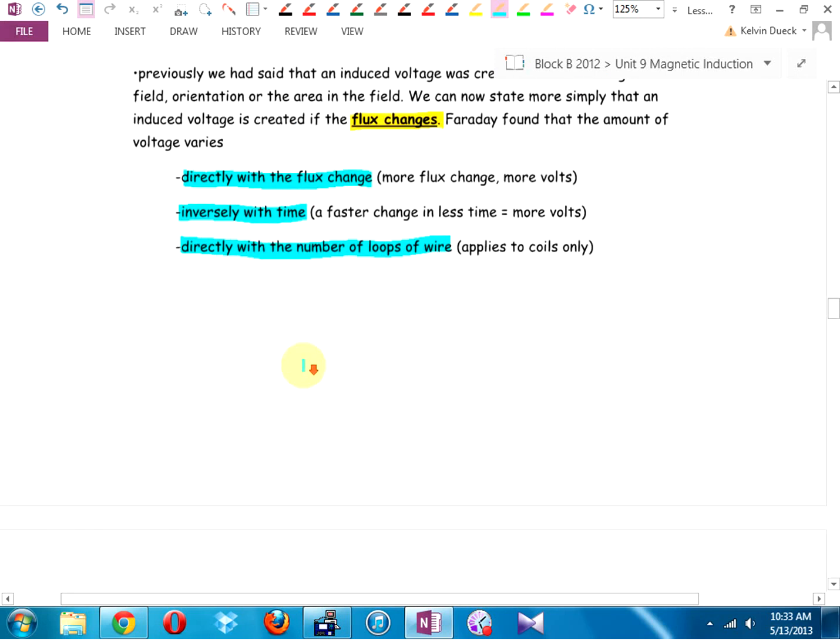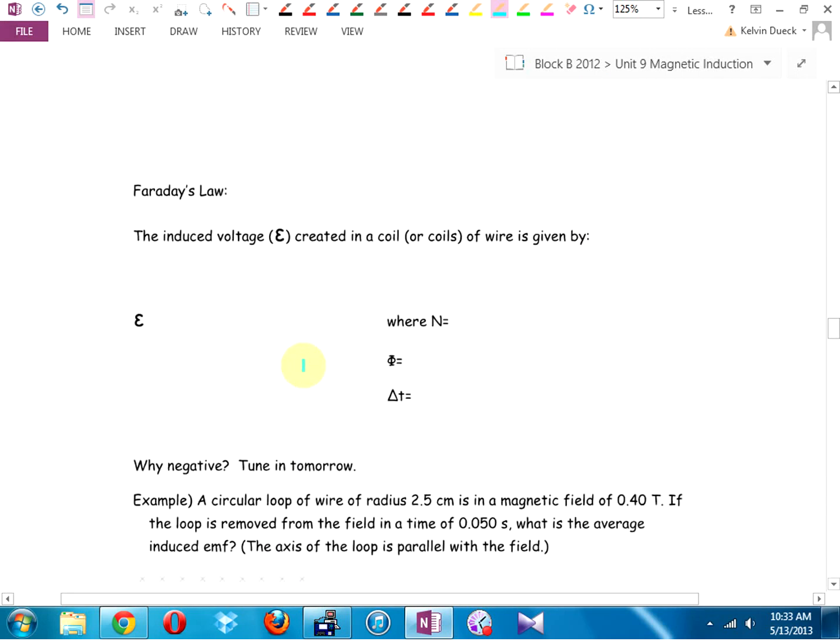As an equation, here is Faraday's law. The induced voltage, we'll use our EMF symbol, is given by capital N, where N is the number of coils of wire, times the change in flux. What's change in anything? Final minus initial.